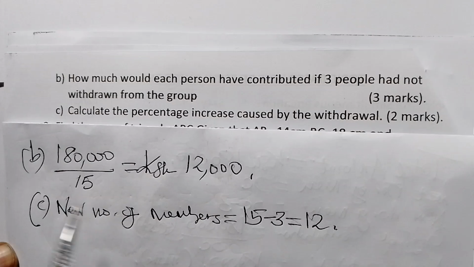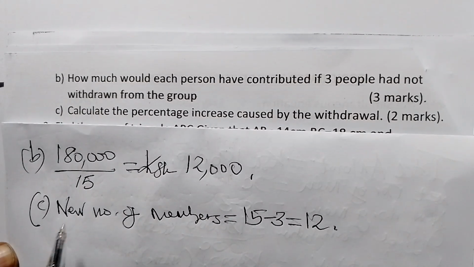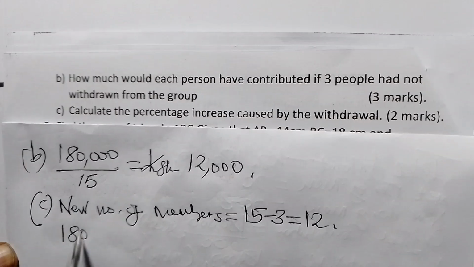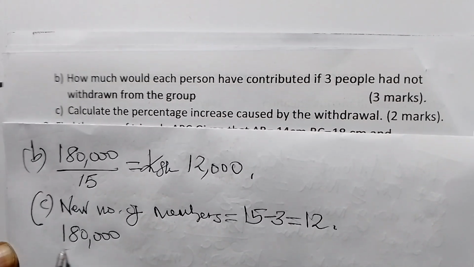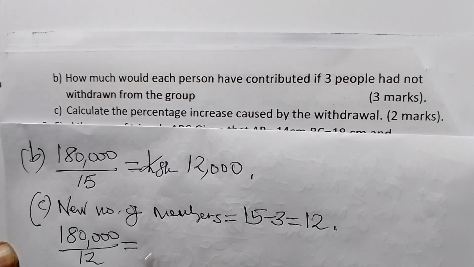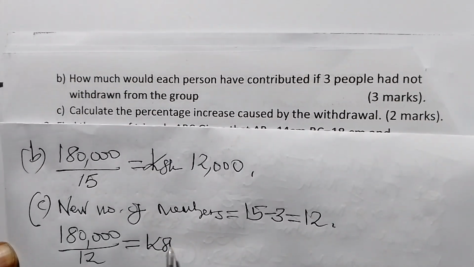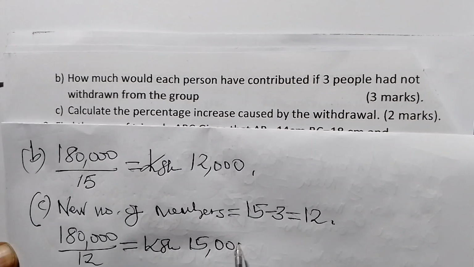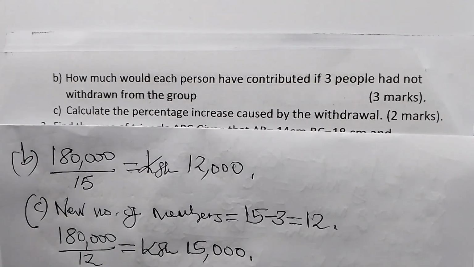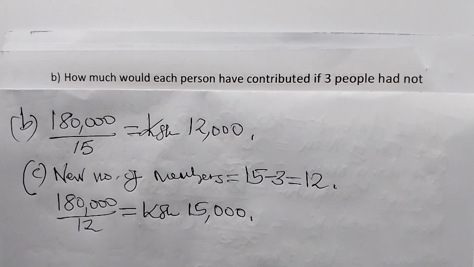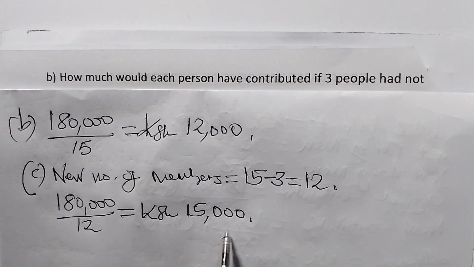And they still want to raise Kenya shillings 180,000. So it will be 180,000 divided by 12. When you use your calculator, you're going to get Kenya shillings 15,000. So after 3 members withdrew, the amount now increased to 15,000.